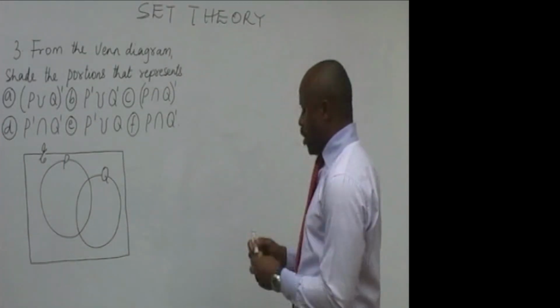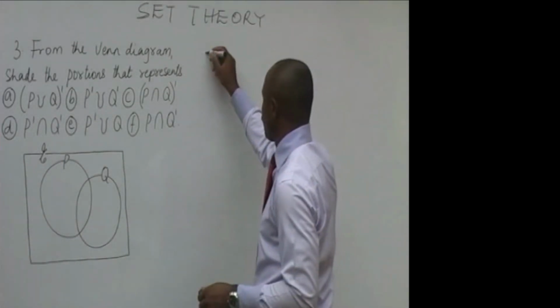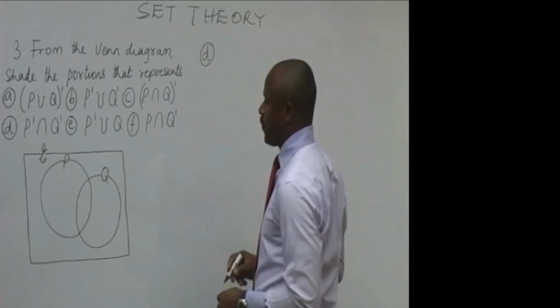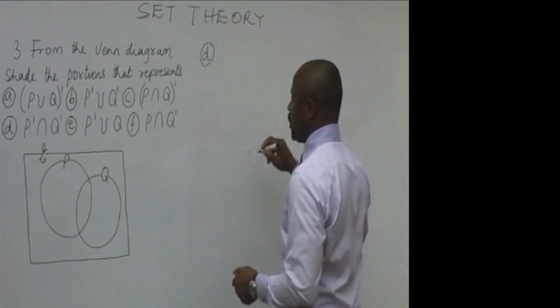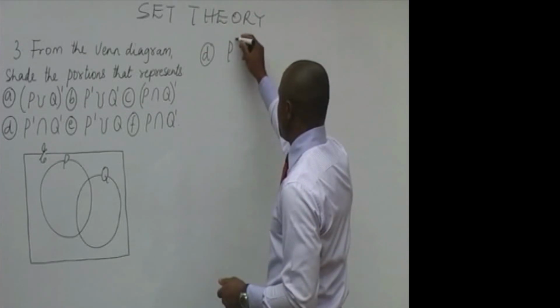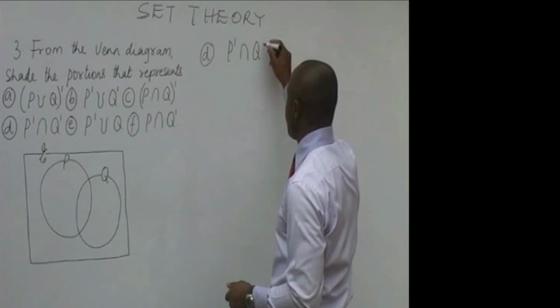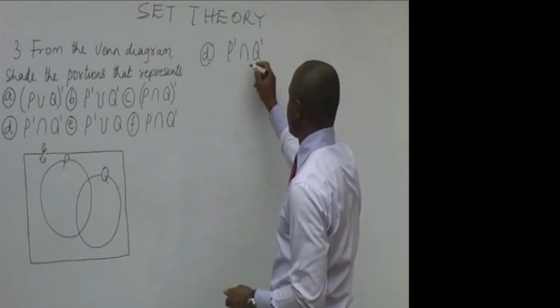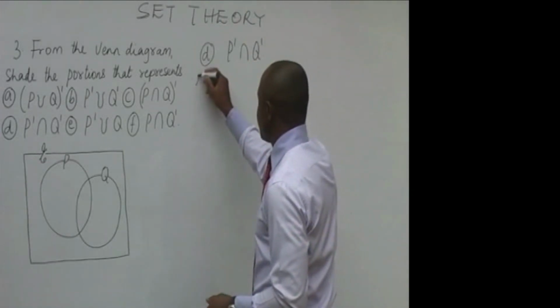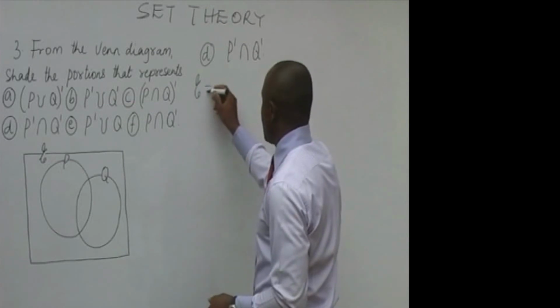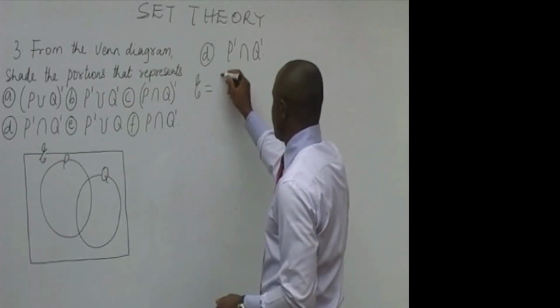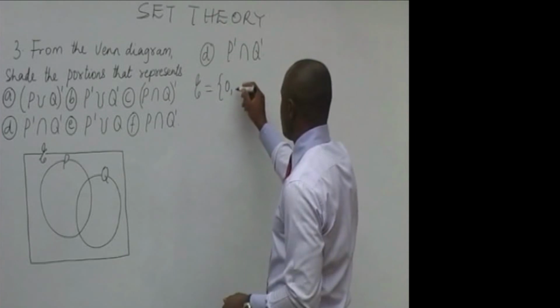Now let's do question number D. Question number D says we should shade P prime intersection Q prime. Our universal set is integers from 0 to 10.